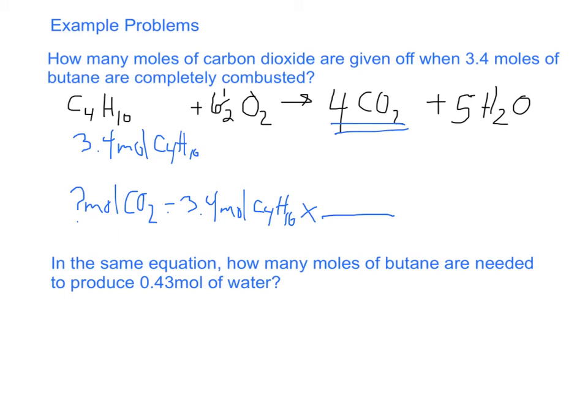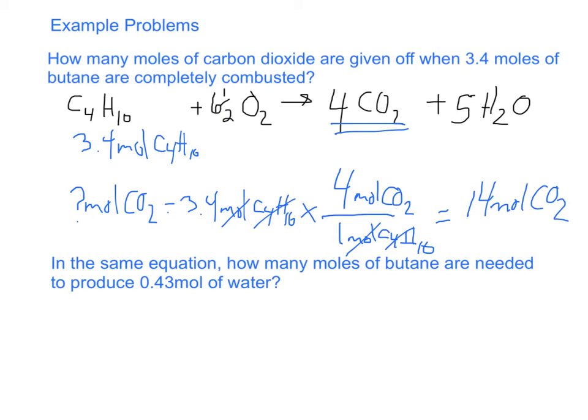Our conversion factor is 1 mole of butane, because the coefficient for butane is 1, going to CO2, whose coefficient is 4. So it's 3.4 times 4 to end up with 14 moles of CO2 with correct sig figs. Again, it's applying the dimensional analysis or the fence post: cancel the unit you don't want, get to the unit you do want, and this time the equivalence comes from the balanced chemical equation.